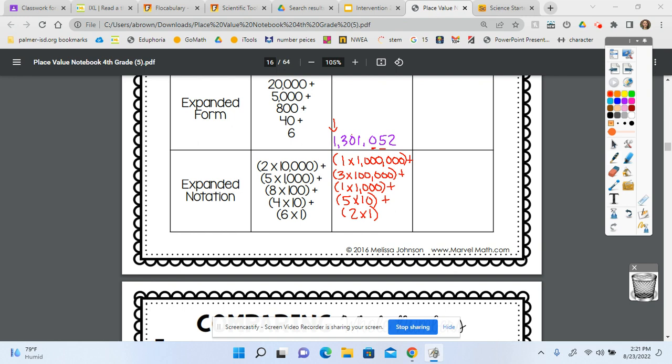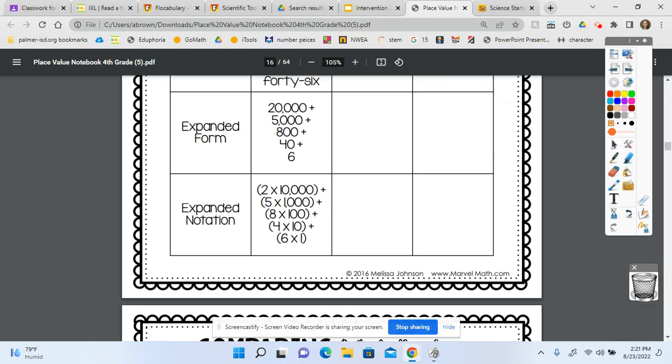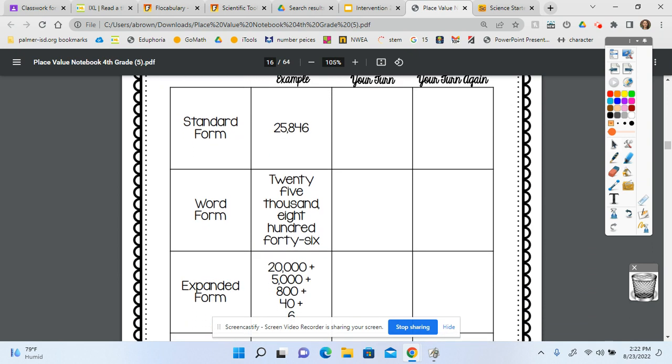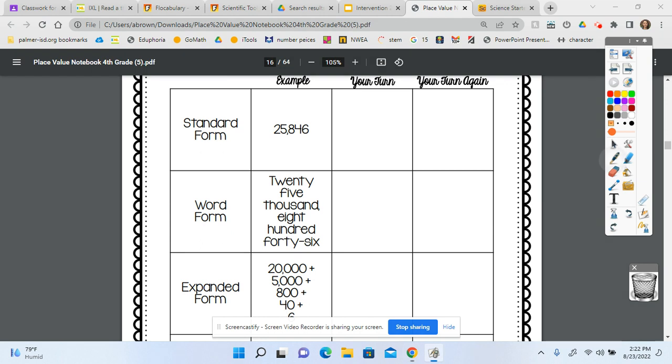Going on to the next one right here, I'm going to go ahead and write the number in here. The number that we're going to do is 27,006,040.